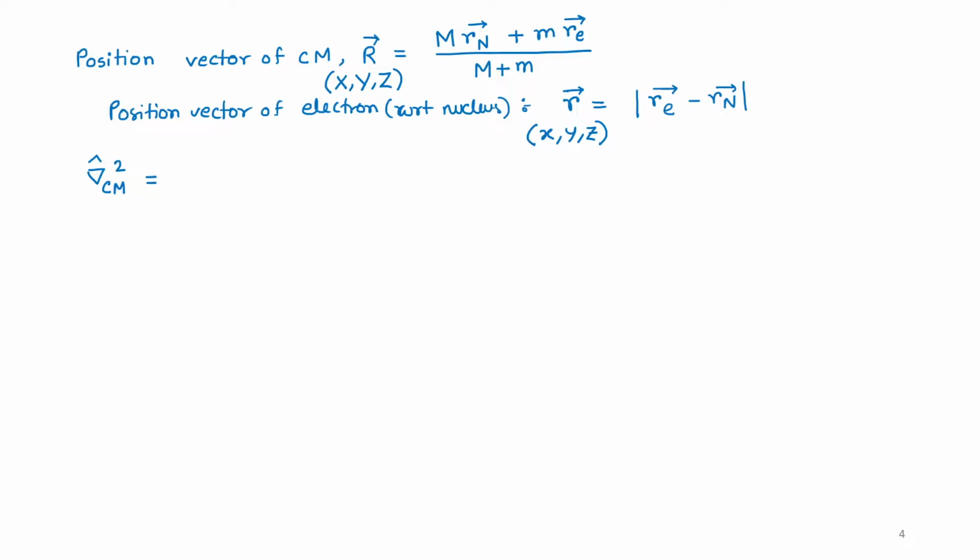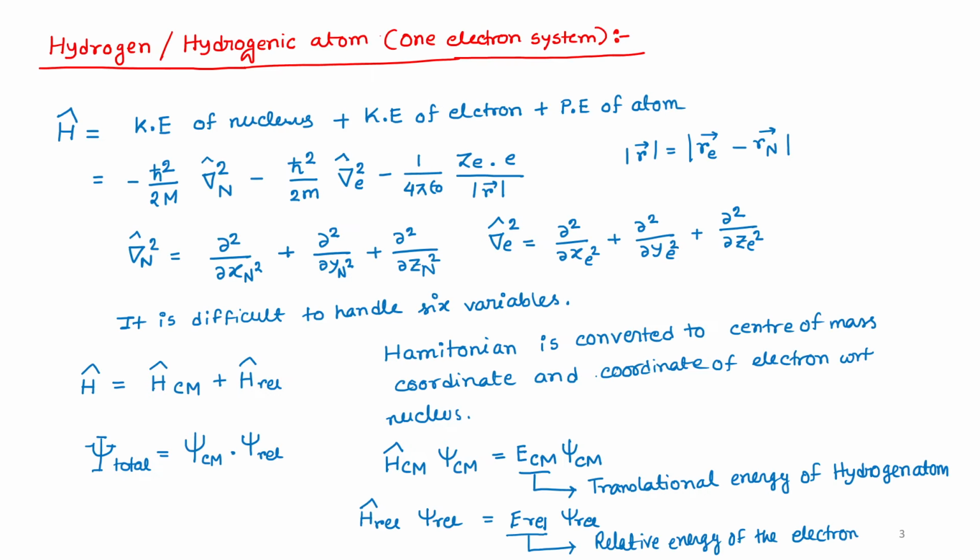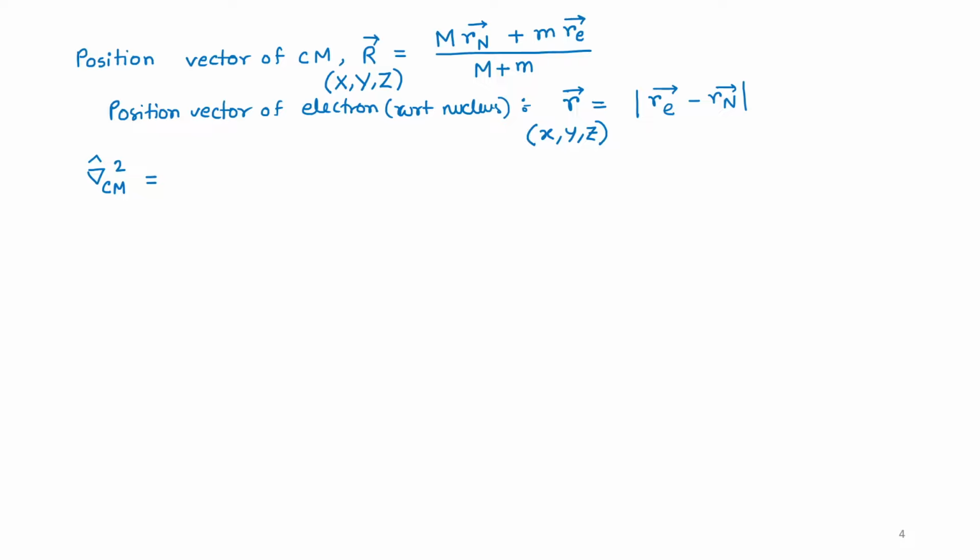Now if you see, right now also we have 6 variables: capital X, capital Y, capital Z, small x, small y, small z. Earlier we had xn, yn, zn, xe, ye, ze. We need to interchange between the coordinates.